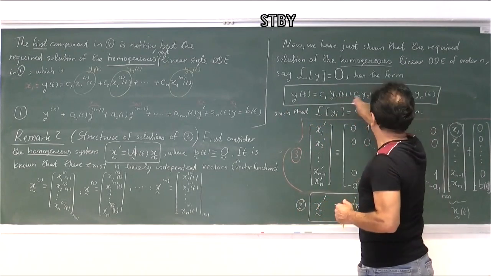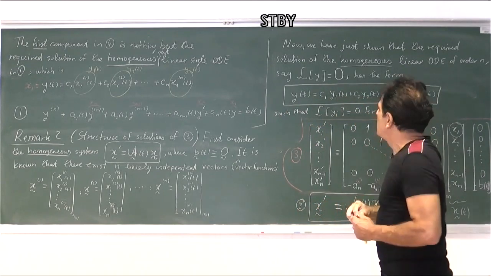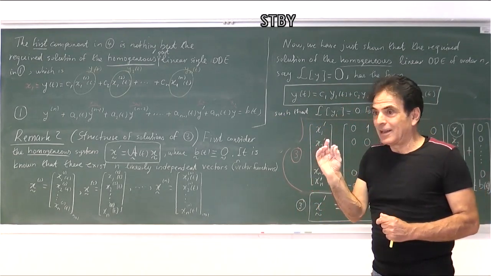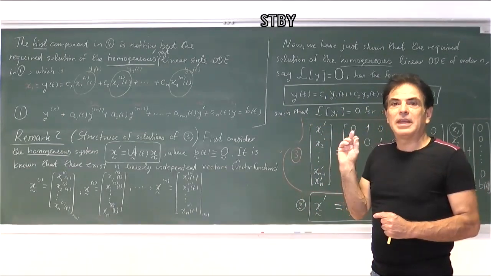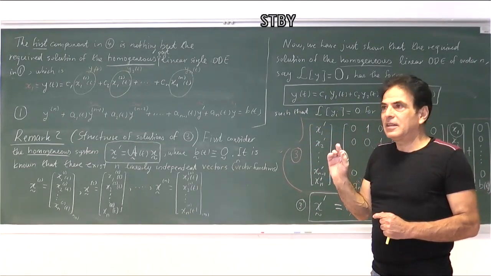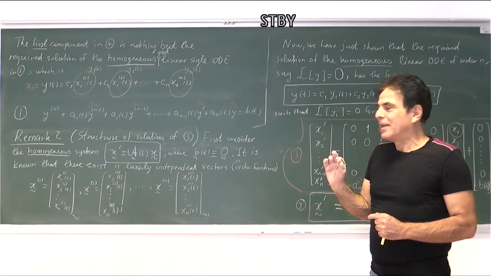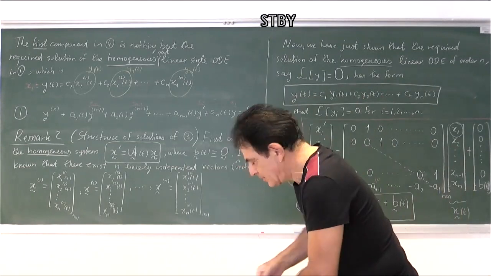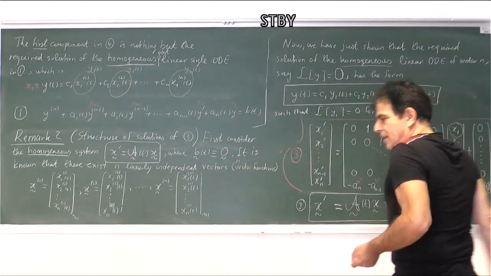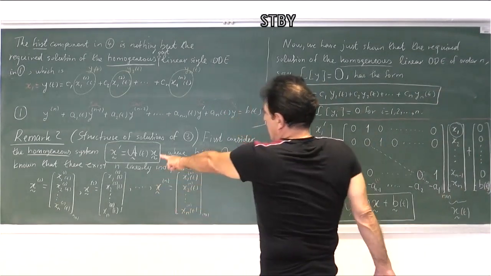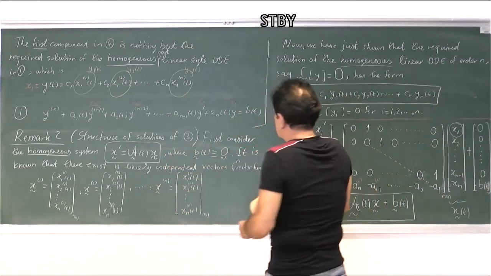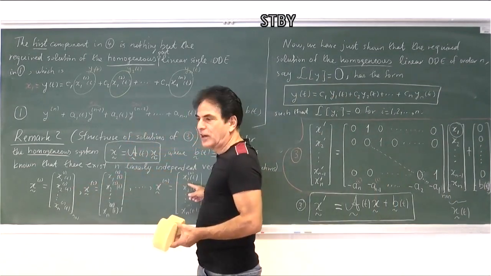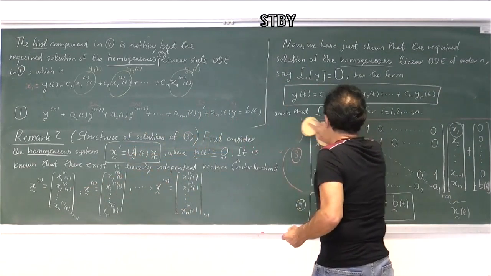So y1, y2, yn must be solutions of the homogeneous equation, but they should be linearly independent. If you recall, the solution of the homogeneous system is written as a combination of these n functions.